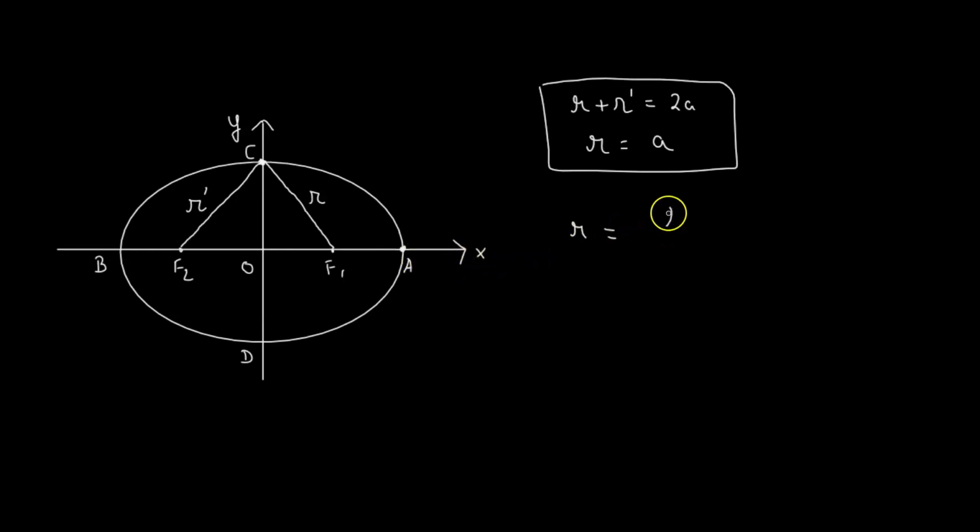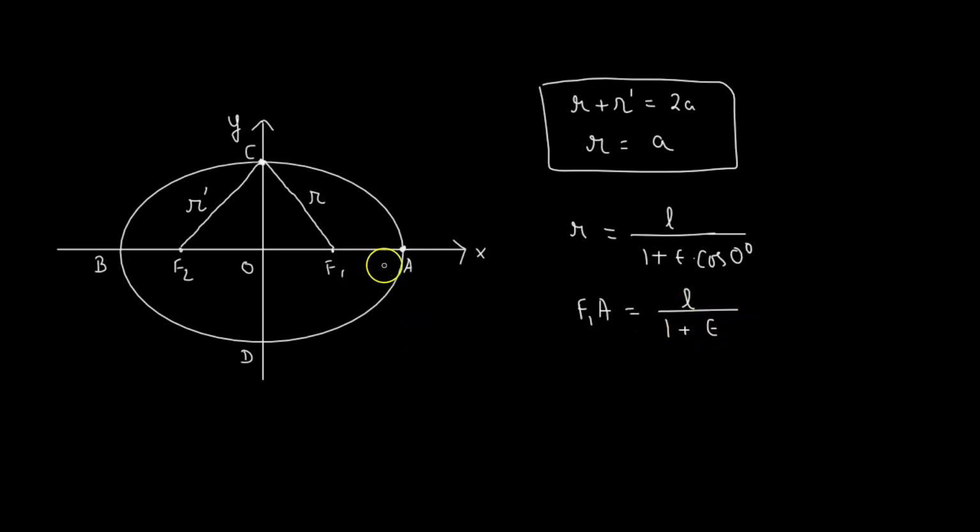So R will be L over 1 plus epsilon times cosine theta. When we have the point P coinciding with point A, theta will be equal to 0. So we have cosine of 0 degrees, and this will give us essentially the value of f1a. That's simply L divided by 1 plus epsilon.